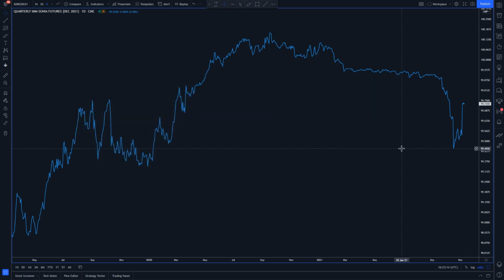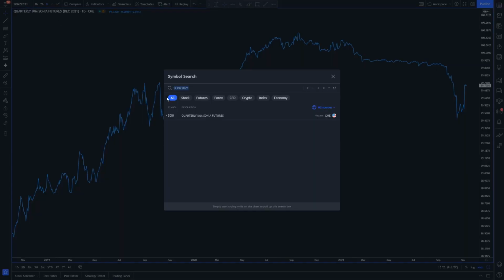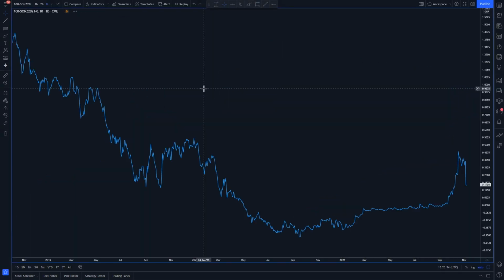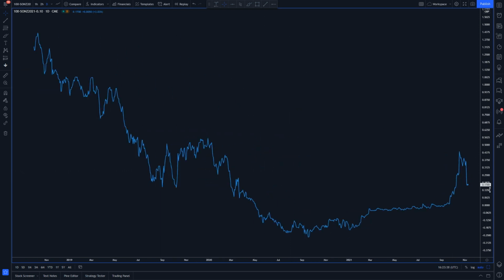Now, just to make that whole process a little bit easier to understand, what I've basically done is I've already done that calculation instead of doing it manually. So I just went 100, subtract the actual Sonia futures contract, subtract the official bank rate, just pressing enter, and you'll see that basically inverts the chart because it now does that exact calculation that we just did, getting to 17 basis points.